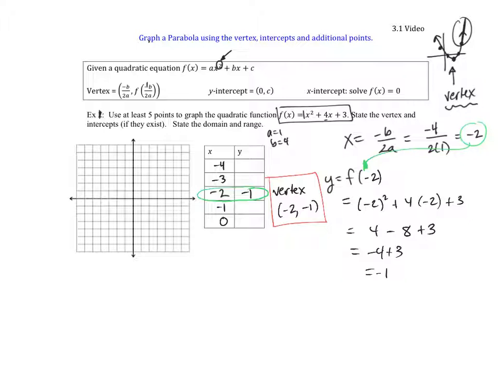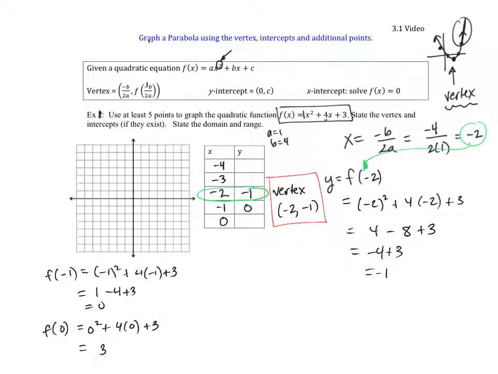When x is negative 1, we'll plug that one in, so I would have negative 1 squared plus 4 times negative 1 plus 3, so I'd get 1 minus 4 plus 3, that would be 0. And we'll do the next one, f of 0, we would get 0 squared plus 4 times 0 plus 3.